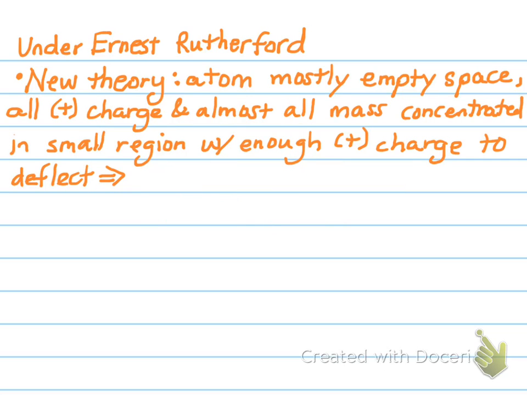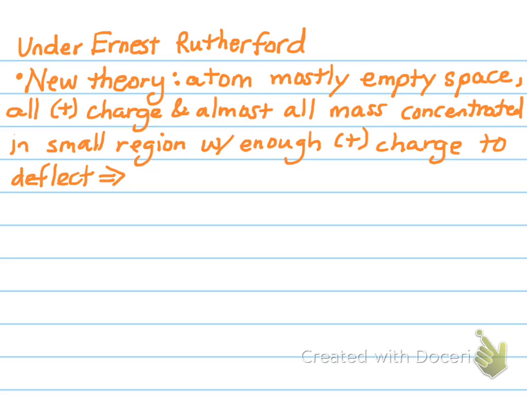So under Ernest Rutherford, he did that gold foil experiment. Because some of the alpha particles were deflected at large angles when they went through and actually came back at the source, he knew that a new theory was needed for the structure of the atom.